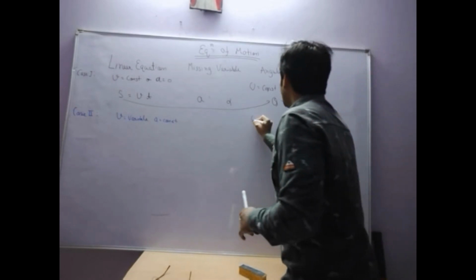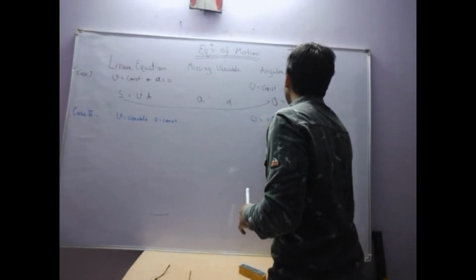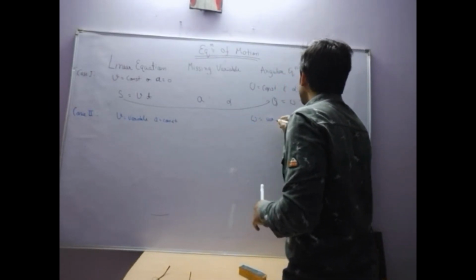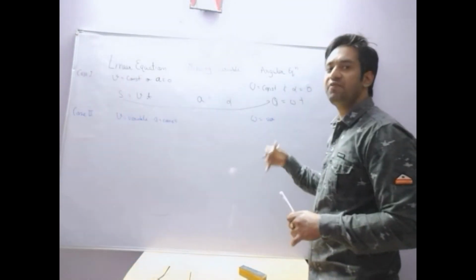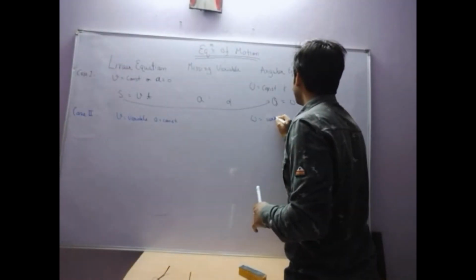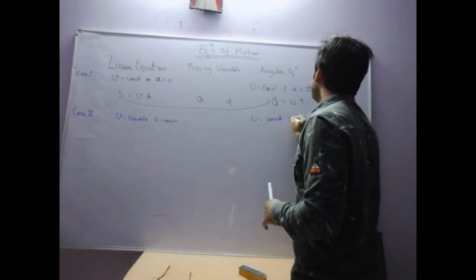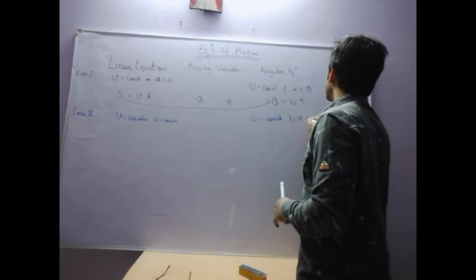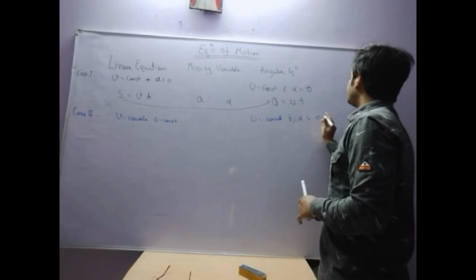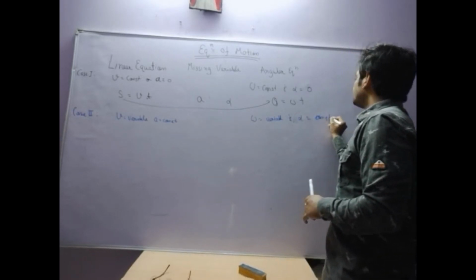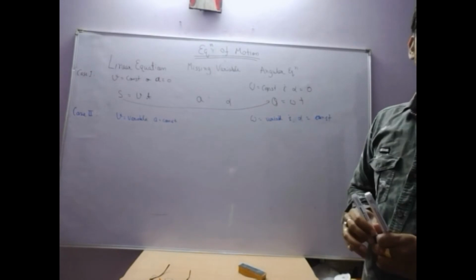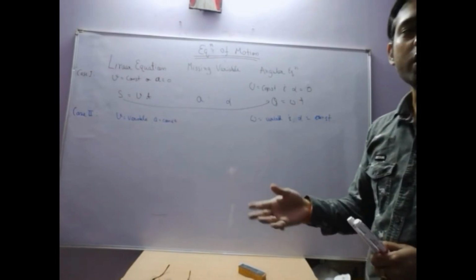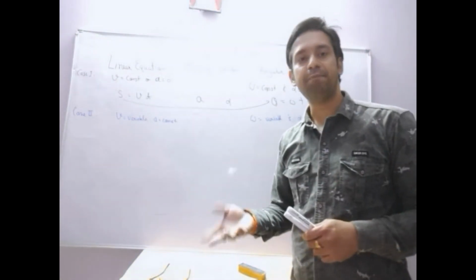Similarly, omega is variable with respect to time and angular acceleration is constant. For example, omega is like 4t or 4t plus 4.